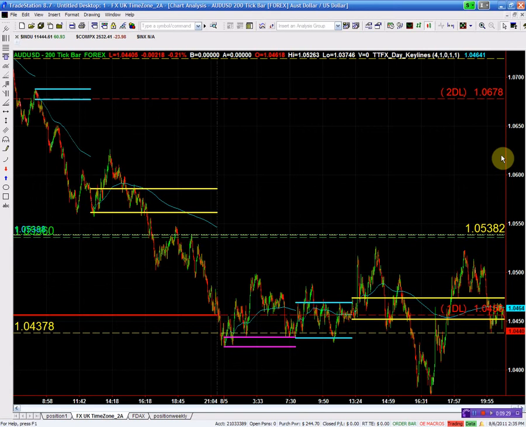So this is a brilliant structural chart. This chart has respected the structure on the downside and is respecting the structure also on the upside. So we should have two structure points on either side.